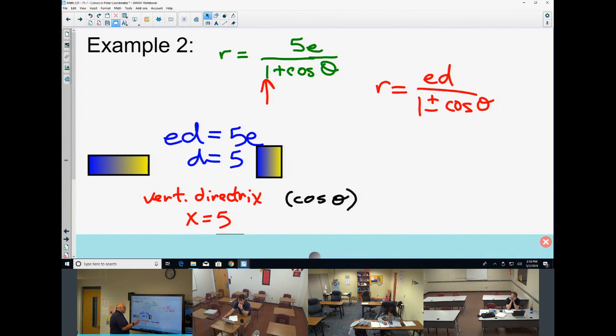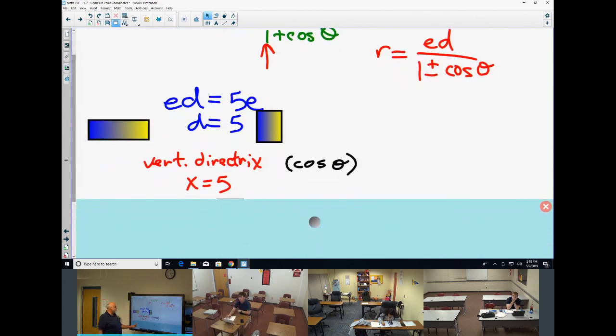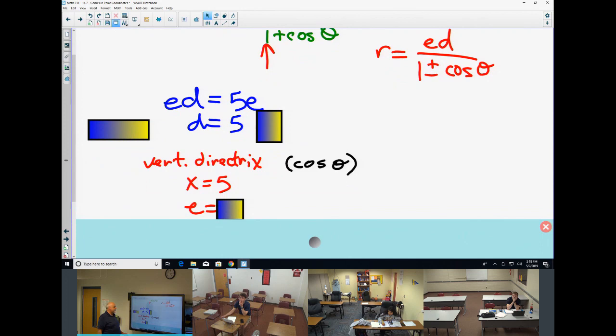So again, the 3 pieces of information to get the directrix. We look at sine or cosine to get x equals. Then plus or minus to get the sign here, and then we calculate d, and then that's the third part. So x equals 5 is the directrix. Okay? The next thing we do is we can calculate e.